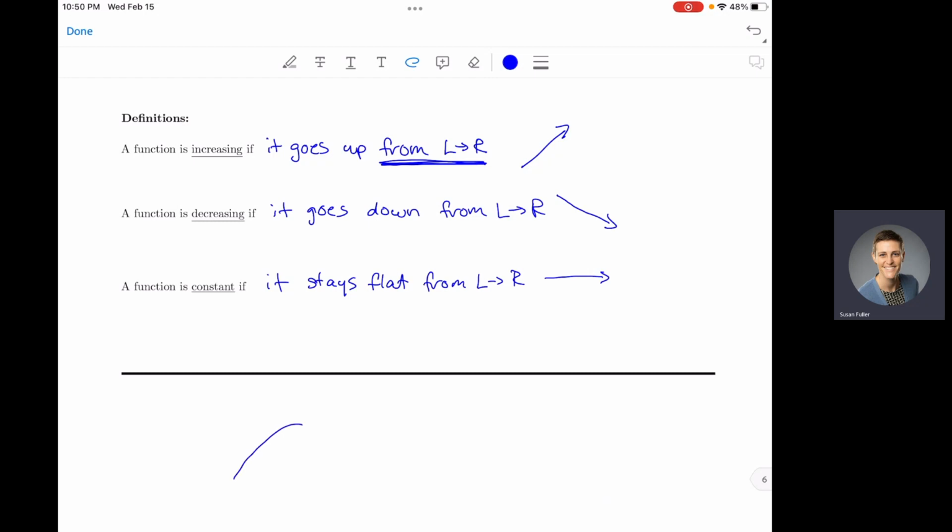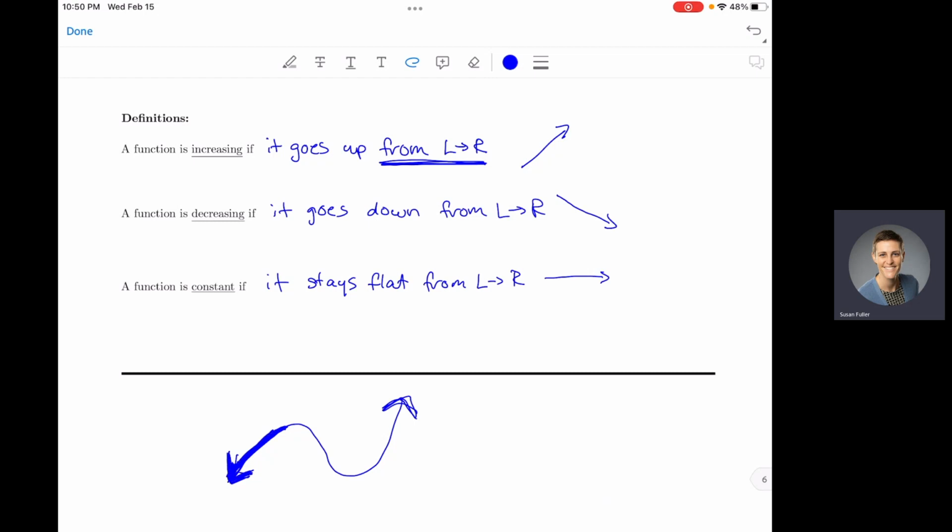For instance, if I have a function that looks like this, sometimes students get confused about, let's say, this left half of the function. It's a little confusing because the arrow points down, you want to trace the function this way and say, oh, I'm decreasing because I'm going down and the arrow's pointing that way.